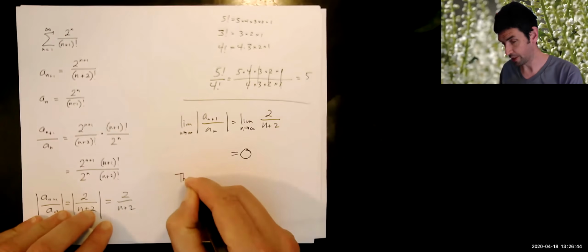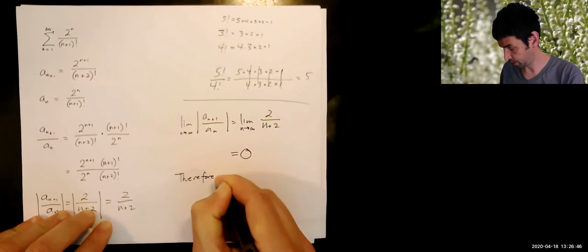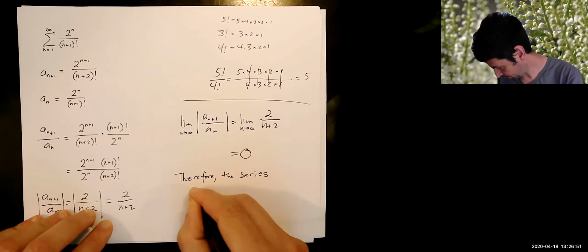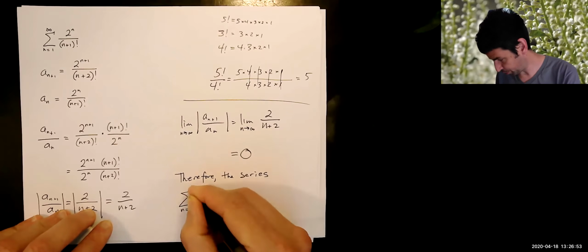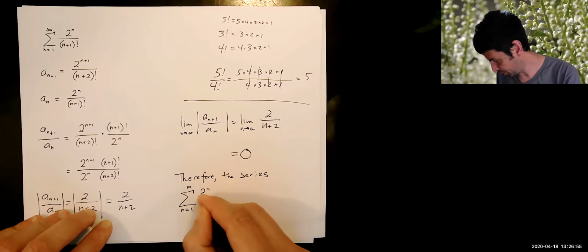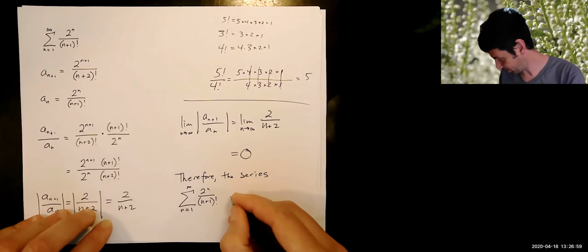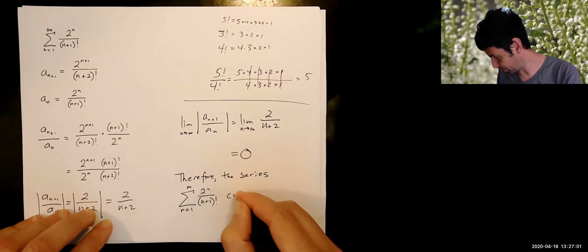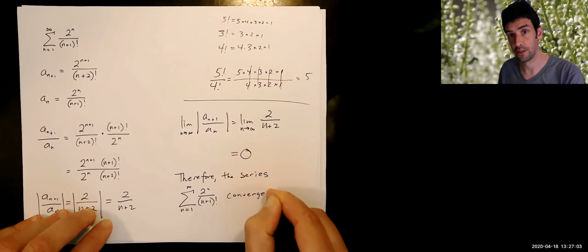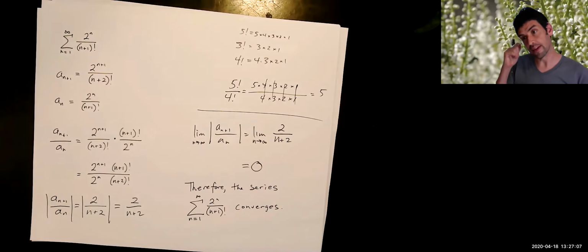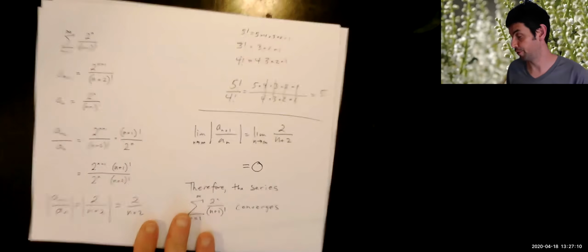So we can say, therefore, the series n equals 1 to infinity of 2 to the n over n plus 1 factorial converges. And that's an example of the ratio test.